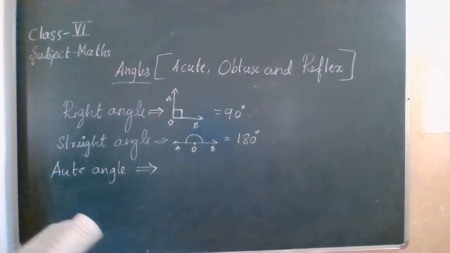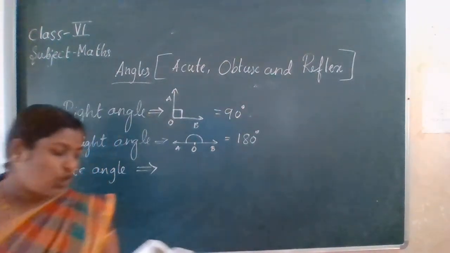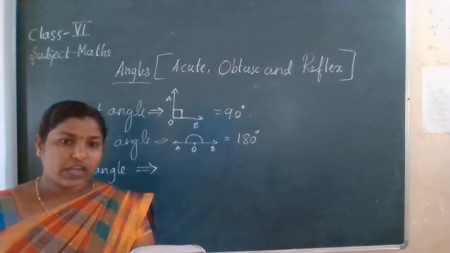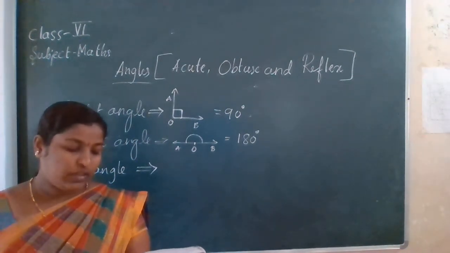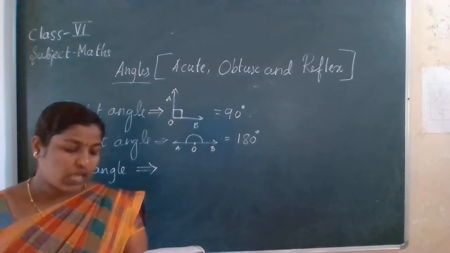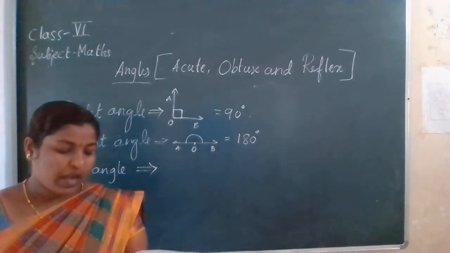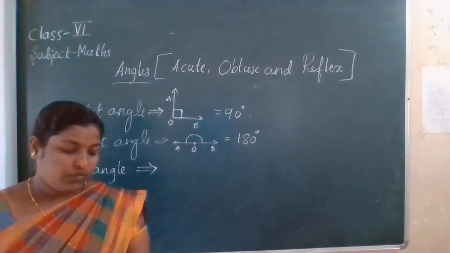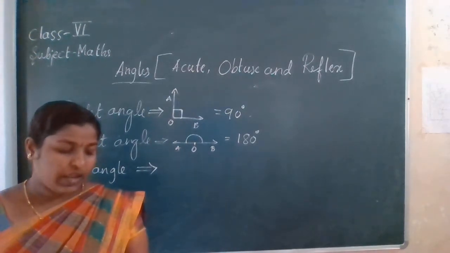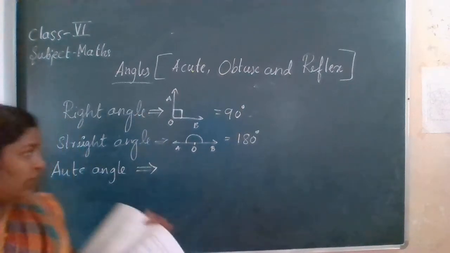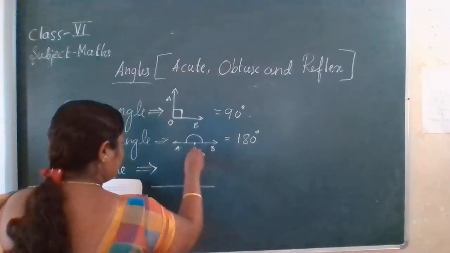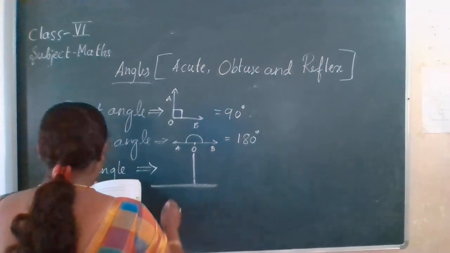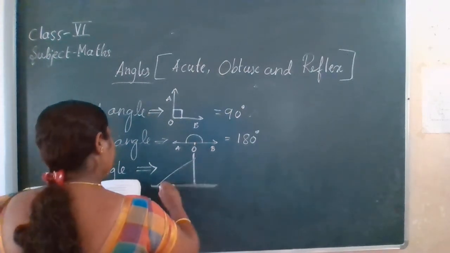Acute angle, just read this. We saw what we mean by a right angle and a straight angle. However, not all the angles we come across are one of these two kinds. The angle made by a ladder with the wall or with the floor is neither a right angle nor a straight angle. There is a picture. This is the wall and this is the floor. They have kept a ladder here.